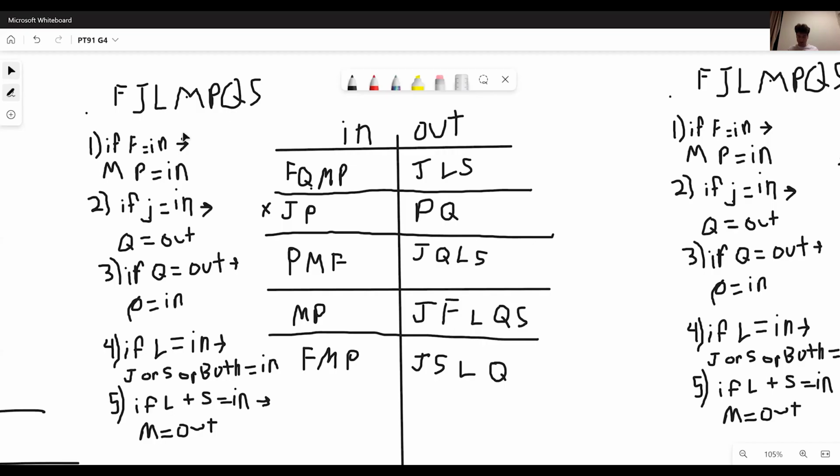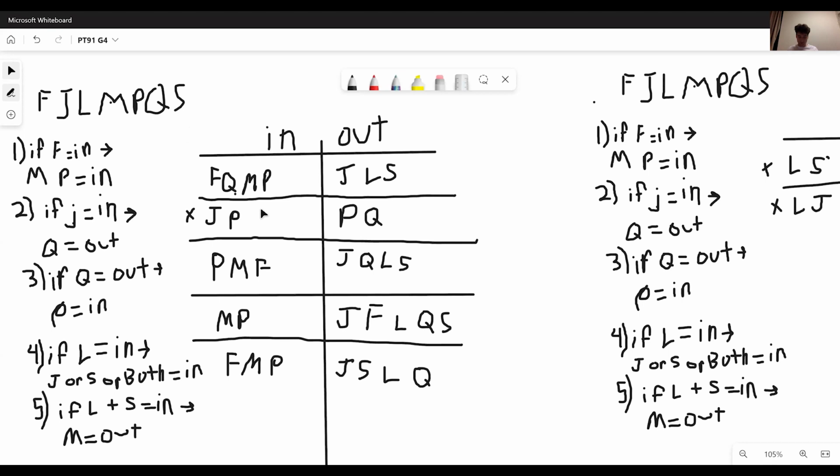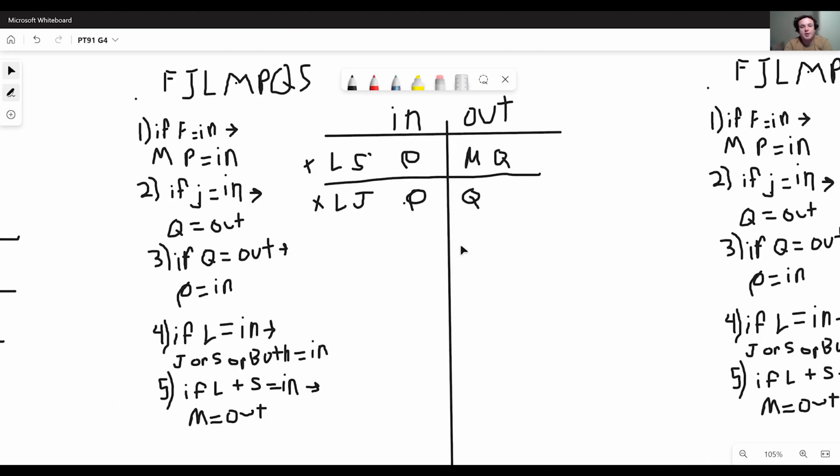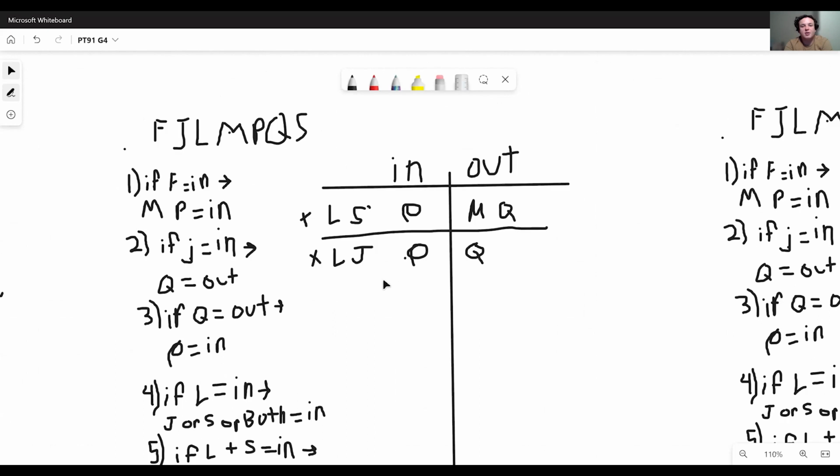I don't remember the letter choices now, but I said that L couldn't be the one. No, you guys are both right. So let's go over this one, right? If I know L is in, I know either S or J has to be in, right?